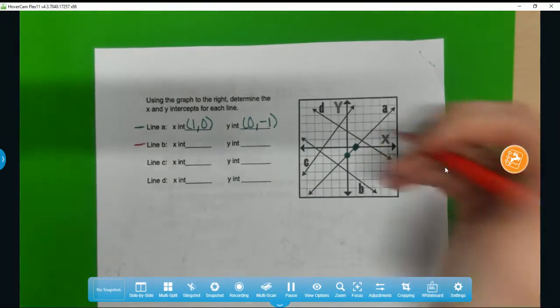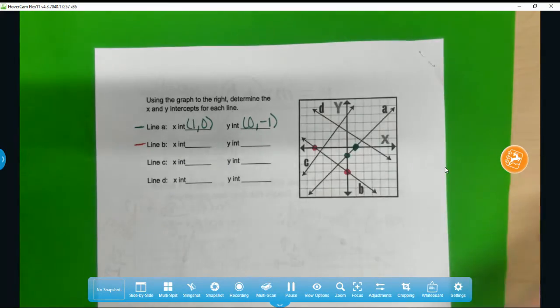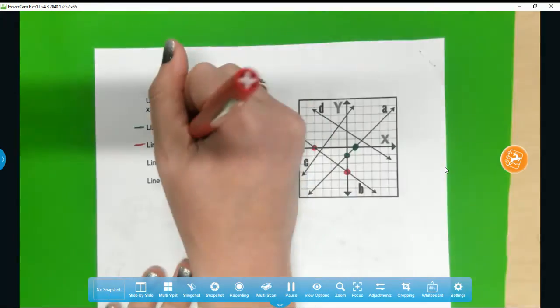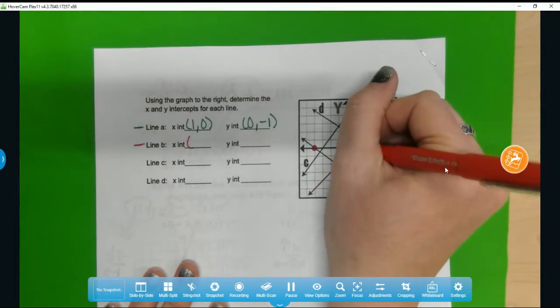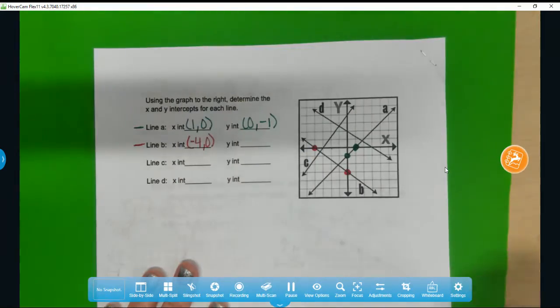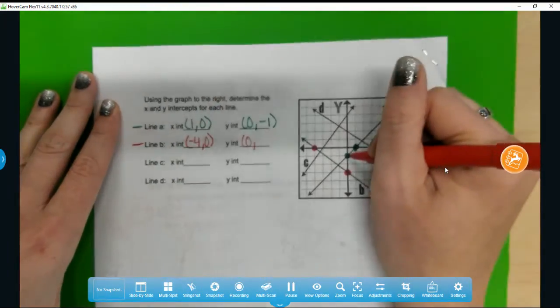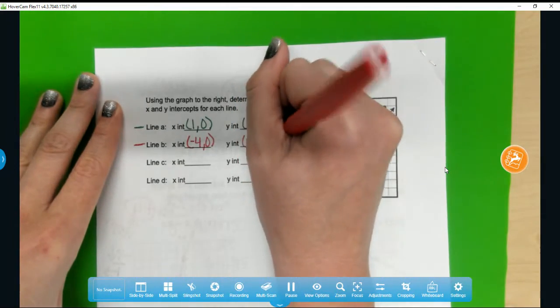For line B, my x-intercept would be negative 1, 2, 3, 4, negative 4, 0. My y-intercept would be 0, negative 3.